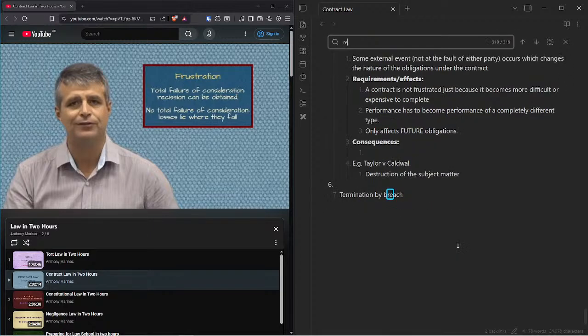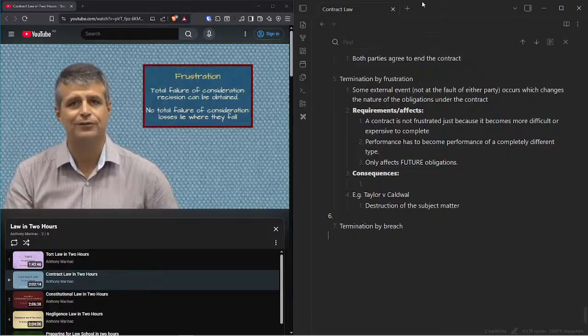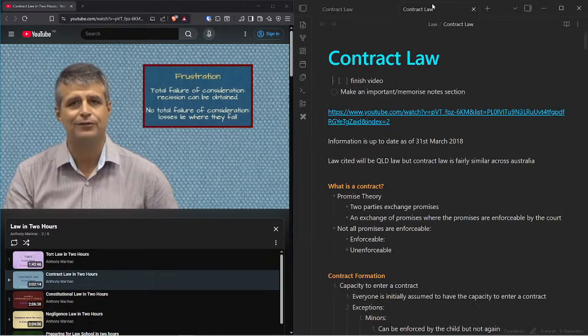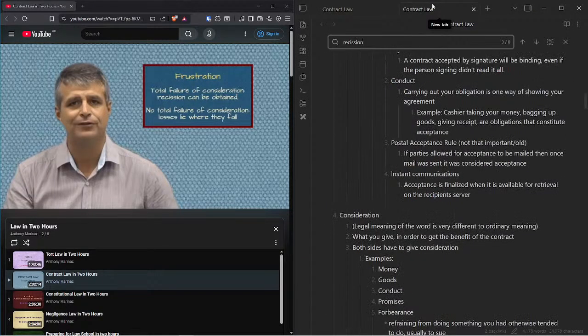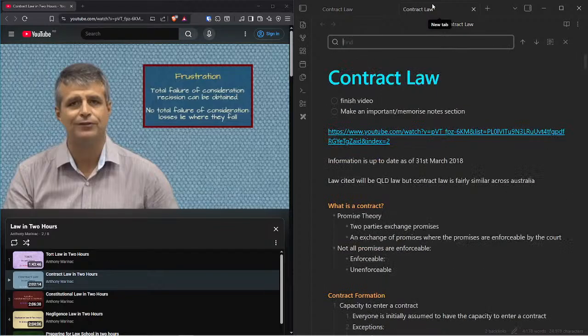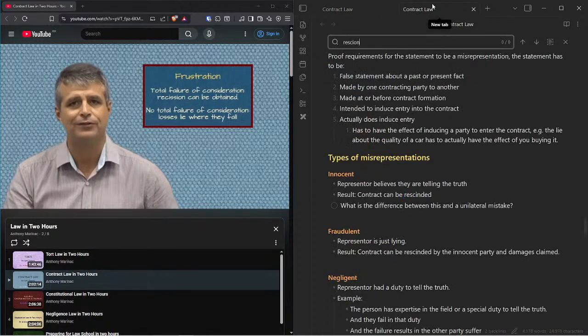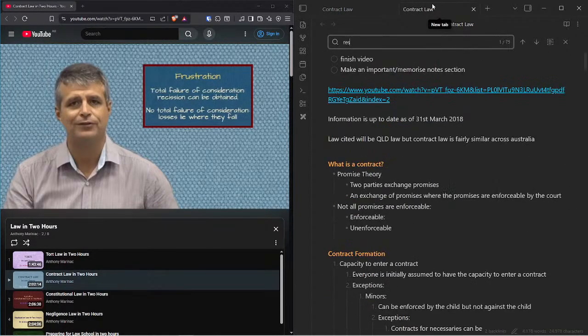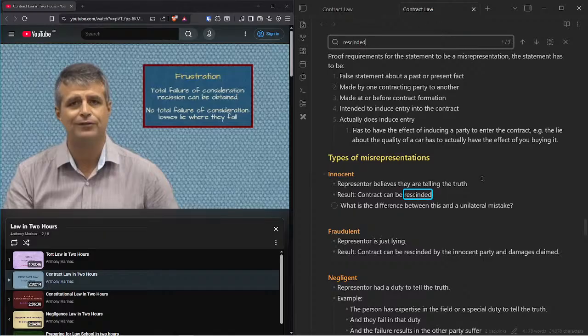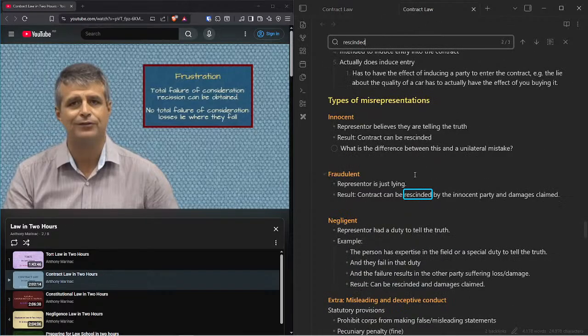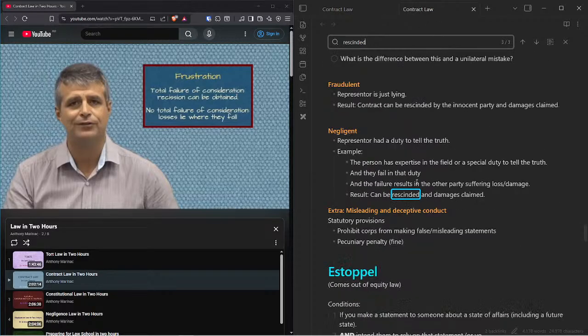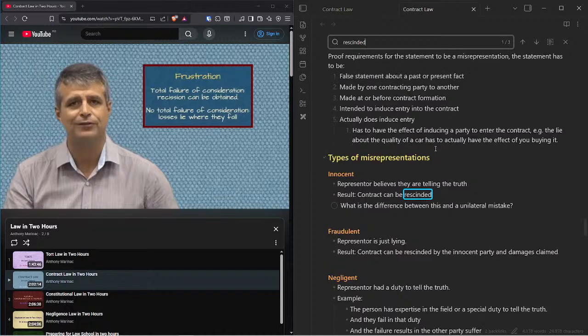And so if I look up the, hold on, let me make a new one, so I can do rescission. How do you spell rescission? Do I not have a, did I spell it wrong? Rescinded. Rescinded. Do I have a definition of it?